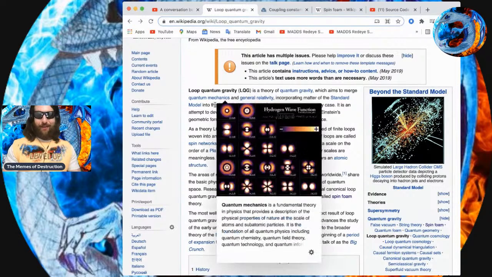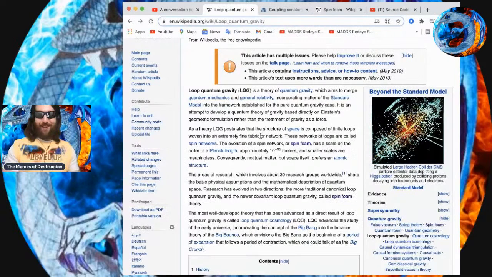It is an attempt to develop a quantum theory of gravity based directly on Einstein's geometric formulation rather than the treatment of gravity as a force. As the theory, LQG postulates that the structure of space is composed of finite loops woven into an extremely fine fabric or network. These networks of loops are called spin networks. The evolution of a spin network, or spin foam, has a scale on the order of the Planck length.